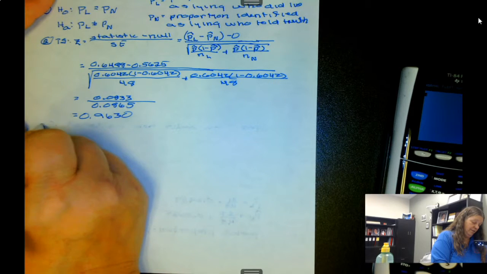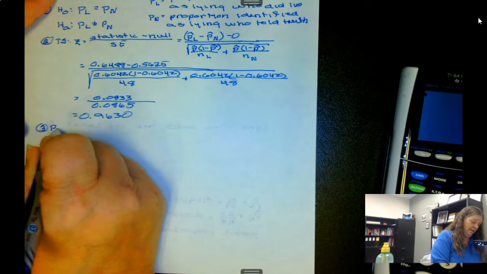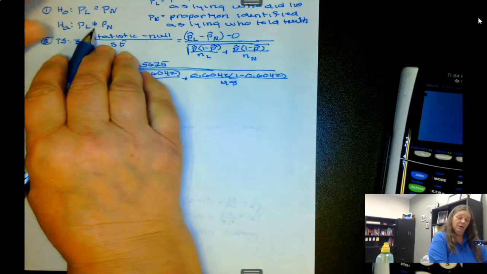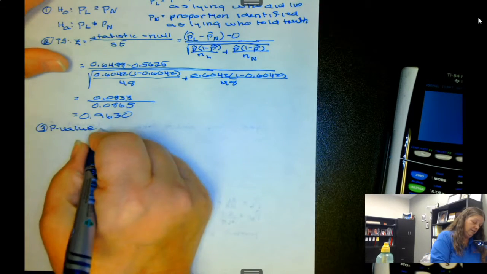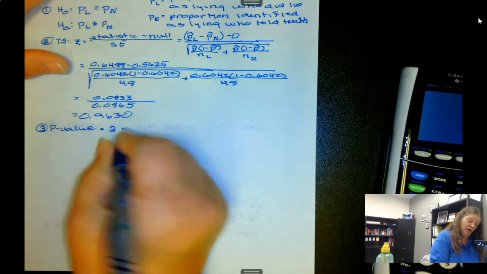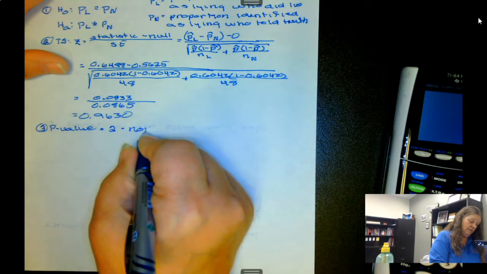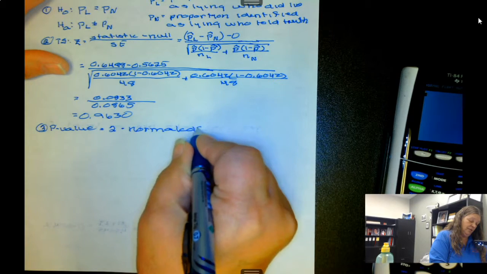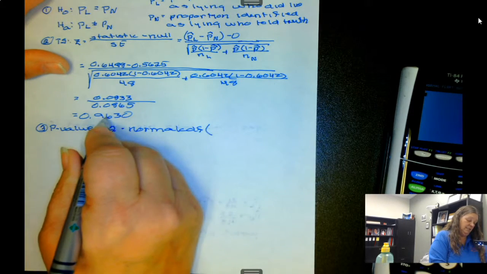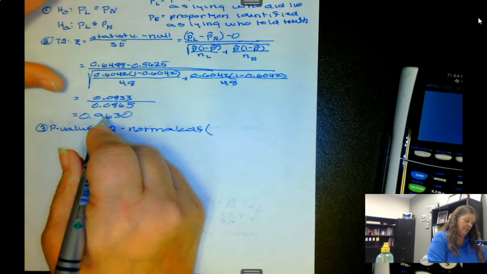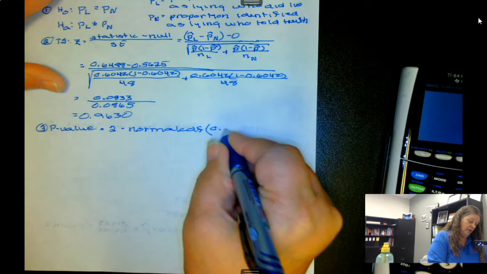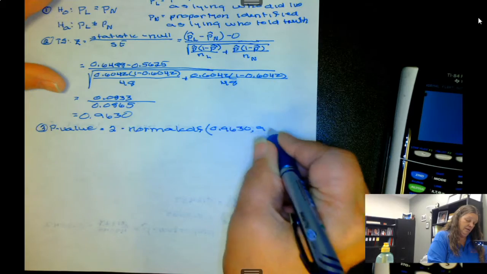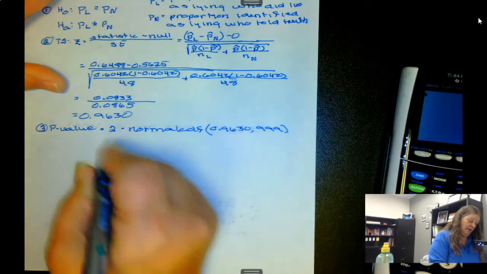Now in step 3, we get the p-value. It's a not equal, so it's a two-tail. So it's 2 times normal CDF. Since the test statistic is positive, it's the lower limit, 0.9630 and 999.